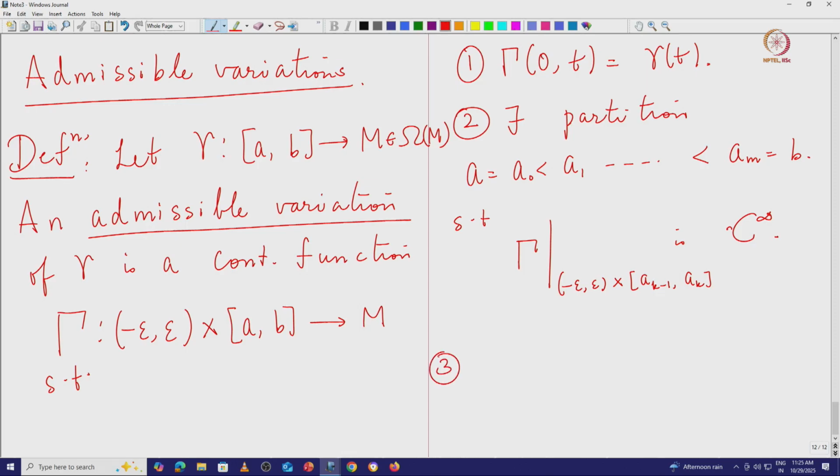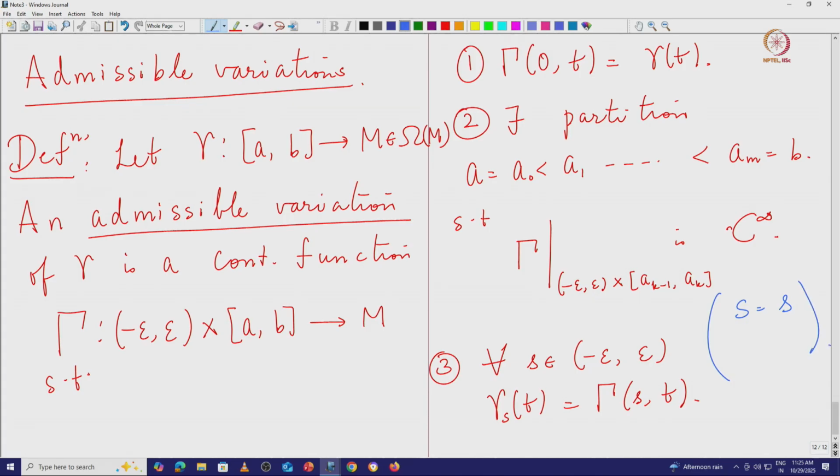And the third point is for all s, if you denote by gamma s of t as capital gamma s comma t. So by the way, I will keep this s the same as this s.